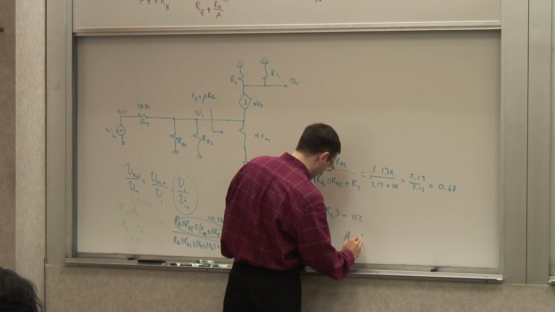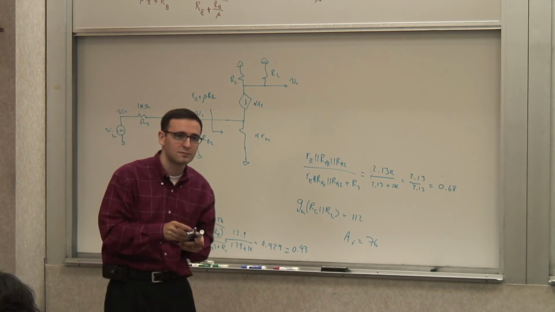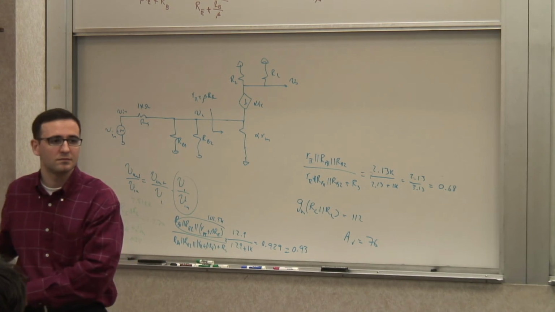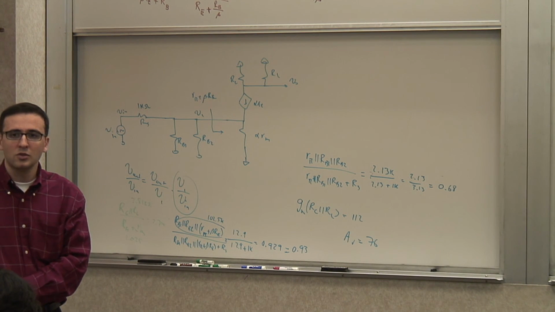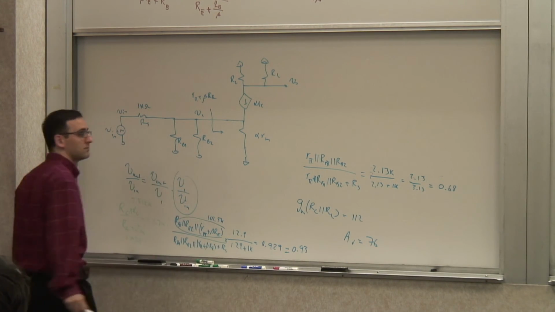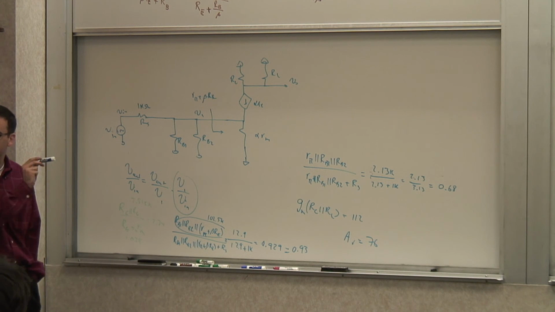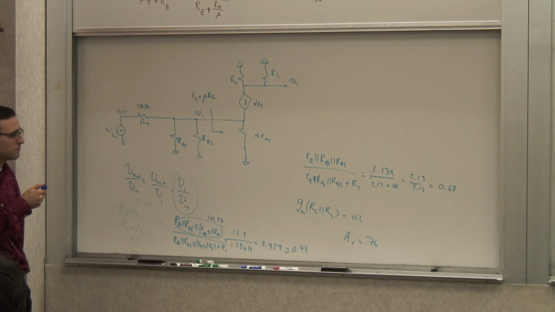The total gain is going to be 76. I estimated 85. That's a respectable gain, 76. And if you make that circuit with that capacitor, and without it, you will see that there's a major difference in gain, just because it removes the degeneration.